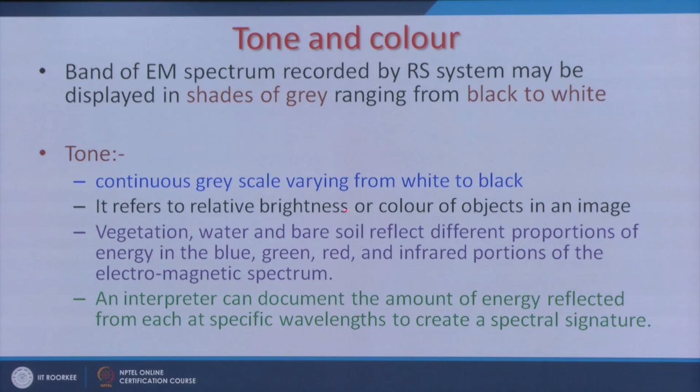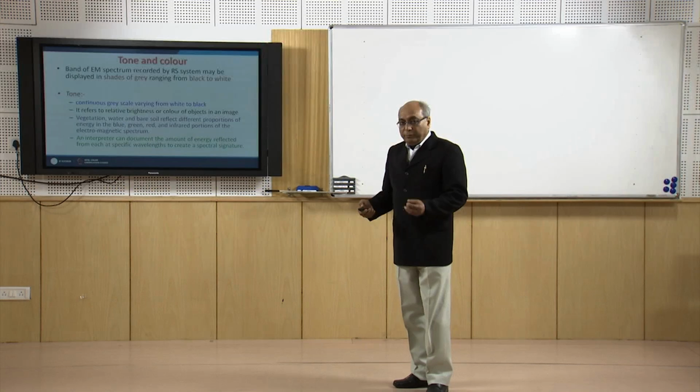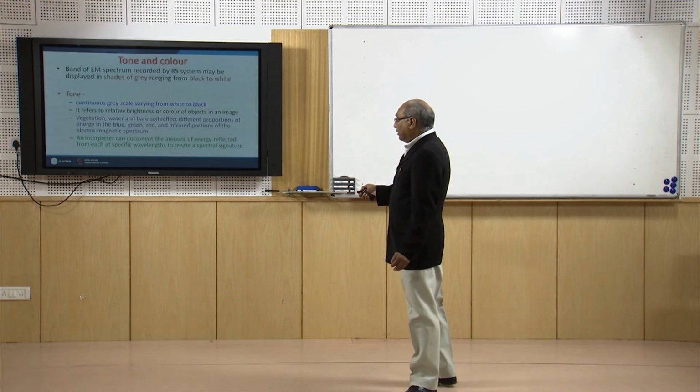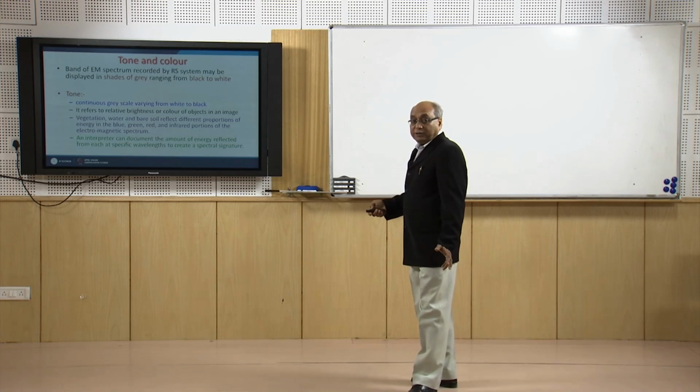For example, in the visible channels vegetation may appear very dark, whereas in infrared channels vegetation will appear very bright, and different objects like water and bare soils will behave differently in different parts of the EM spectrum. Therefore an interpreter should know which band of remote sensing data he is interpreting, and accordingly the tone he might expect.